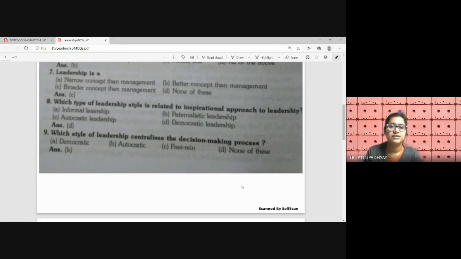Centralization of decision making happens in case of autocratic leadership, because the command or the order comes from the top. So the entire power or decision making is focused on the center. That is called centralization. So the leadership style used in centralized decision making will obviously be the autocratic leadership style.